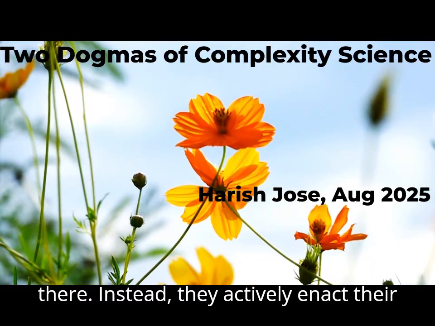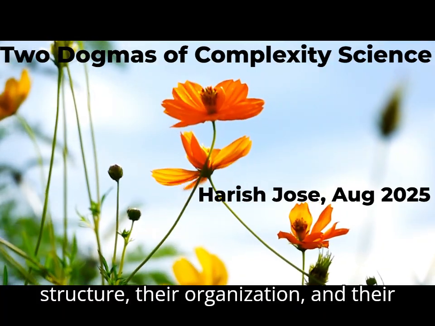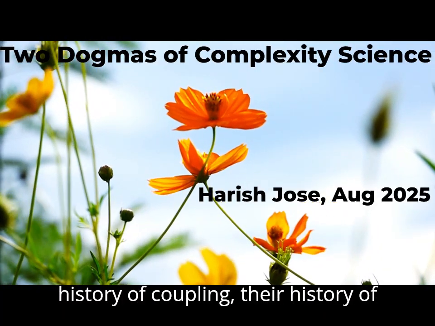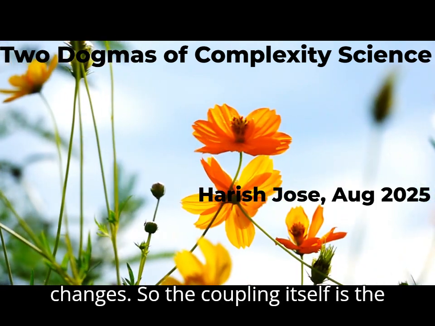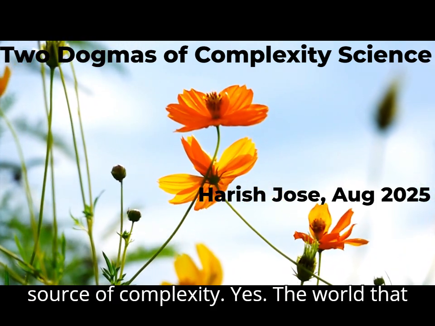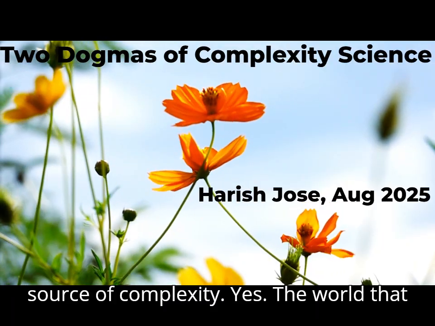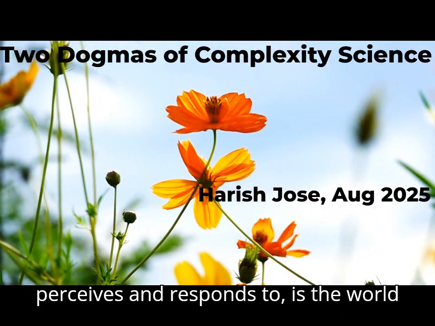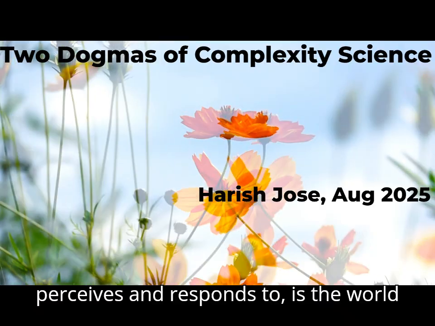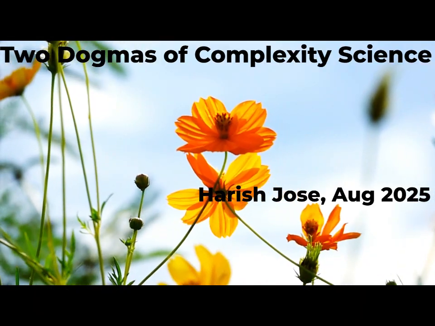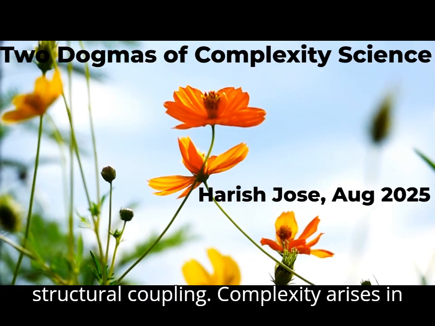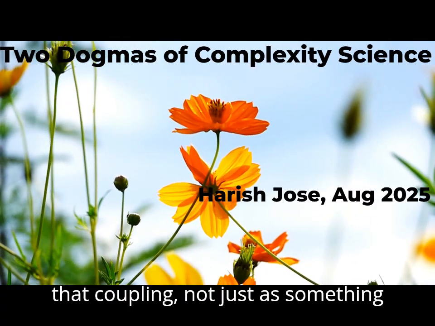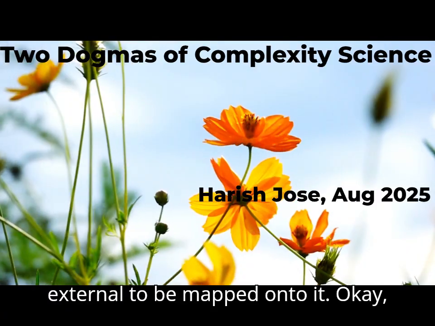Instead, they actively enact their world through their specific structure, their organization, and their history of coupling, their history of interactions that trigger structural changes. So the coupling itself is the source of complexity. Yes. The world that matters to an organism, the world it perceives and responds to, is the world it brings forth through its own living, through its own operations and distinctions, maintained through structural coupling. Complexity arises in that coupling, not just as something external to be mapped onto it.